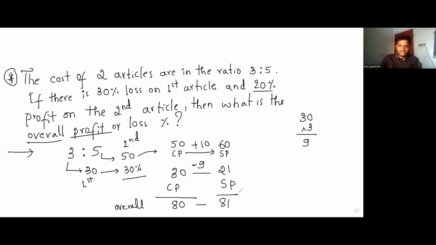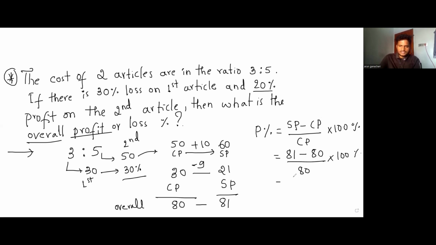What is the profit percentage here? They have given you CP and SP. Use the formula. Profit percentage is equal to SP minus CP divided by CP into 100 percentage. 81 minus 80 divided by 80 into 100 percentage. That is 1 by 80 into 100 percentage.